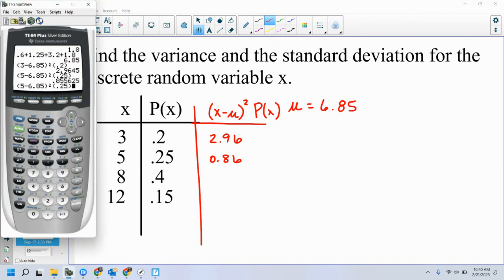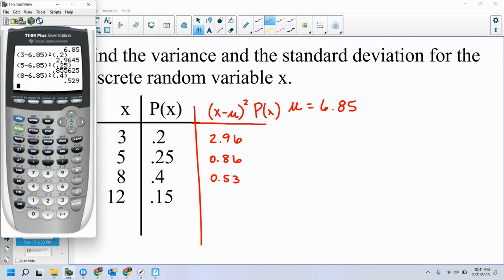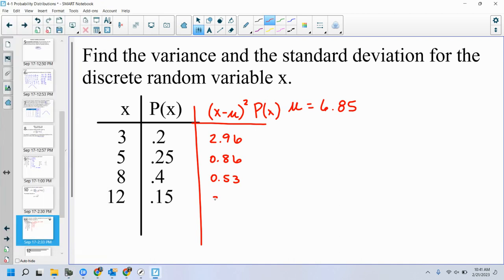Same thing here, but now my x value is 8, and my probability is no longer 0.25, but it is 0.4. 0.529, so 0.53. And lastly, I want to do my 12 with a probability of 0.15. 3.98.